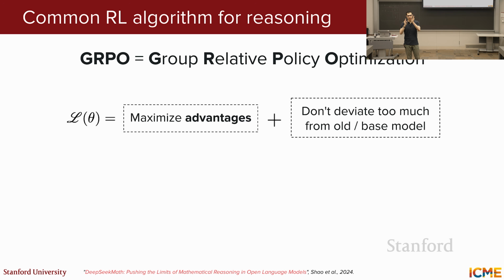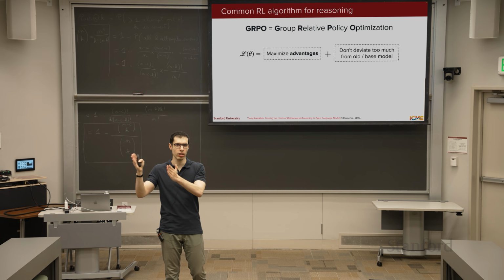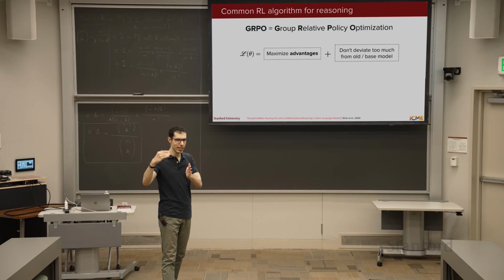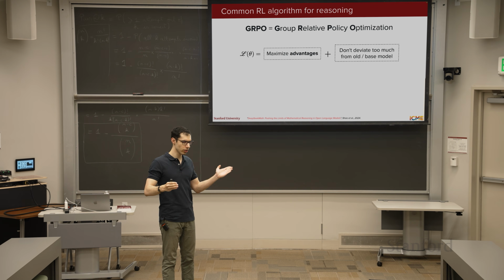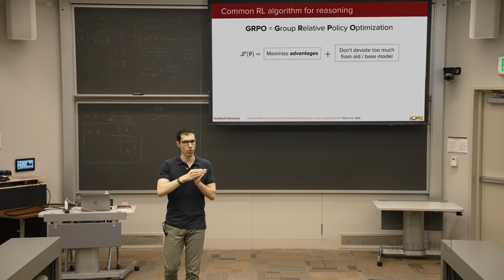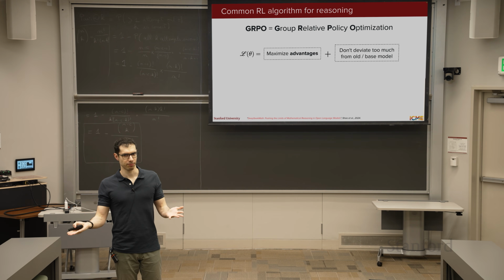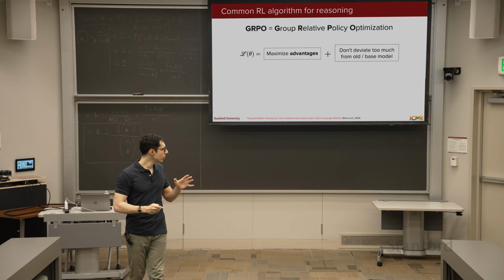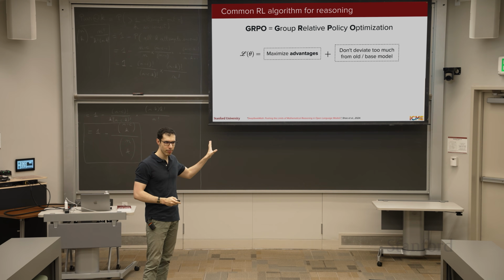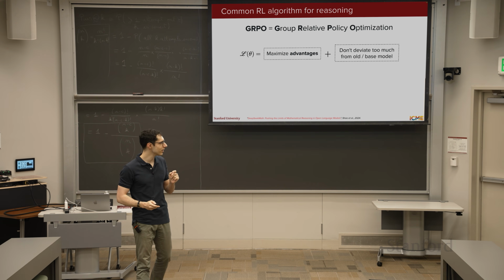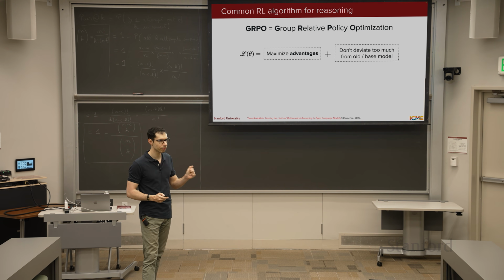The second part is that you do not want to deviate too much from either the old model, which is the model at the previous RL iteration, or the base model, which is the model at the SFT stage. So GRPO is doing the same thing as PPO in that sense, but there's a key difference. That difference lies in how it computes the advantage.